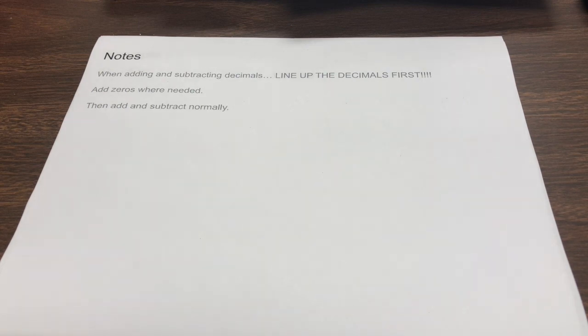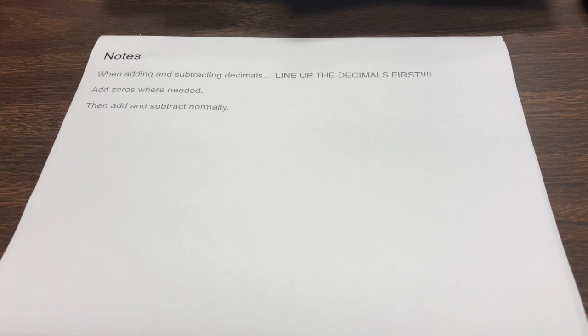Okay, so here are some little notes and reminders. When adding and subtracting decimals, the most important thing for this topic, and it's really only when you're adding and subtracting, is line up the decimals first. That is the biggest thing that I stress to my students. Make sure you line up those decimals. And then you can also add zeros where needed.